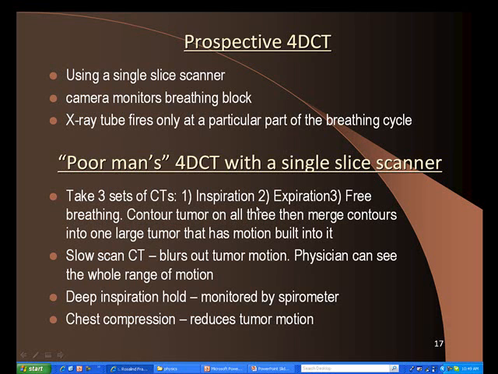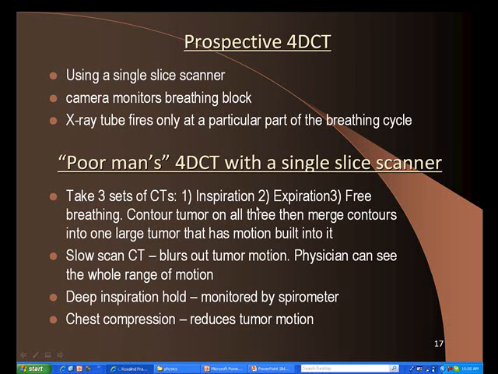If you're an even breather, it looks like this. It's flat at the bottom. So then we set our threshold. This is even before we start. So this is prospective 4DCT.